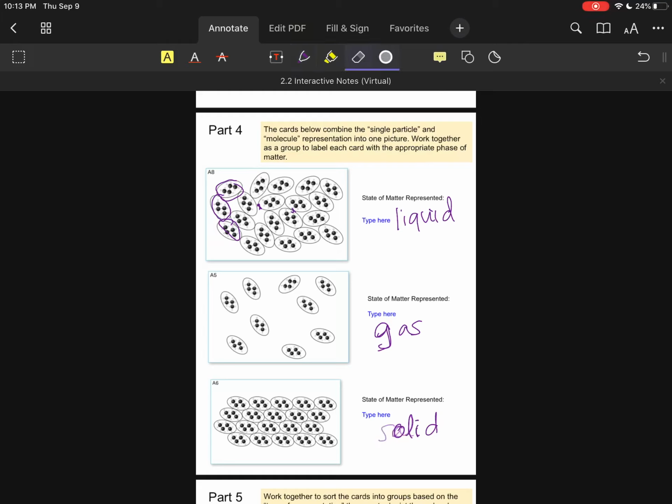My particles have a regular arrangement. I can see they're nicely put in rows. I can tell this has a uniform, rigid structure. So even though these diagrams look a little different than what we've been seeing, they still match up with what we've learned about our states of matter.